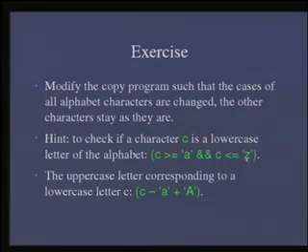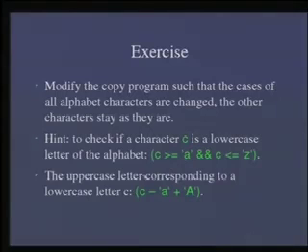And similarly, we can check whether a character is an uppercase letter or not. So having checked whether a character is, let's say, a lowercase character, we need to find the corresponding uppercase letter. Now, how do we compute that? Again, we use the same property that the ASCII codes for small a to small z are contiguous, and similarly ASCII codes for capital A to capital Z are contiguous.